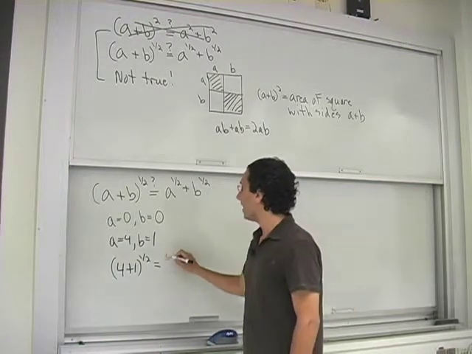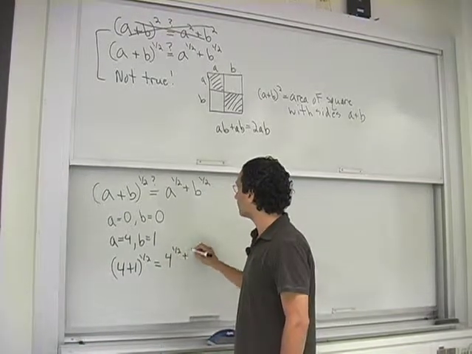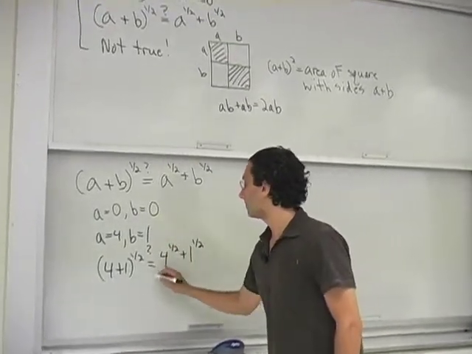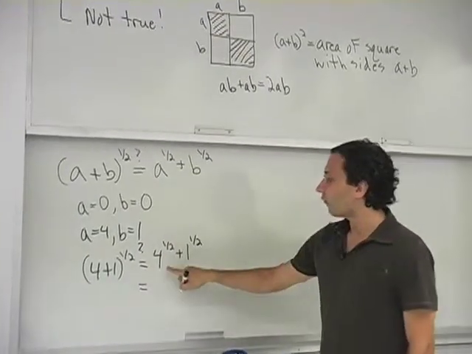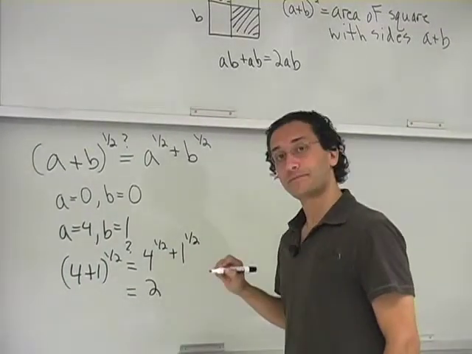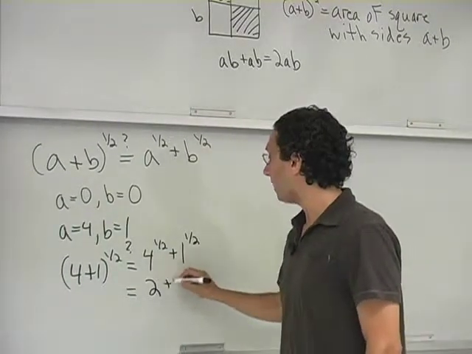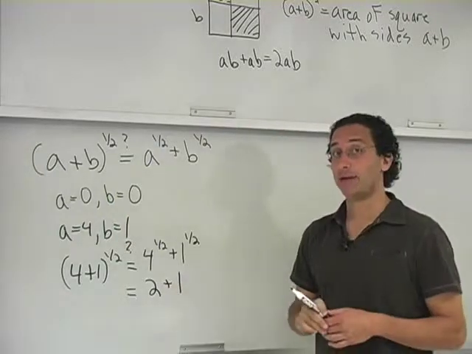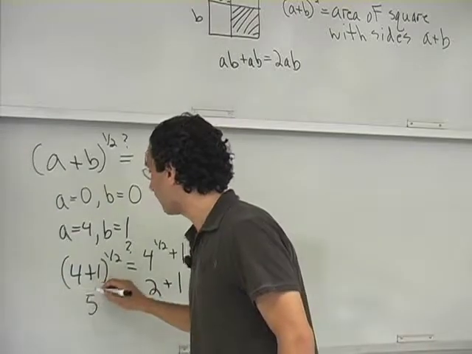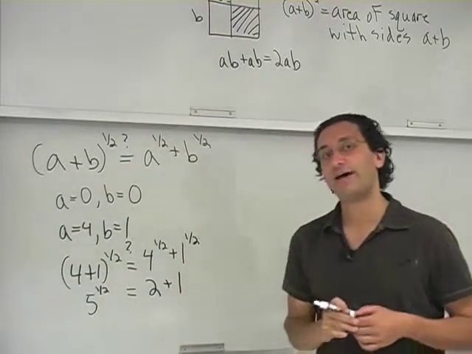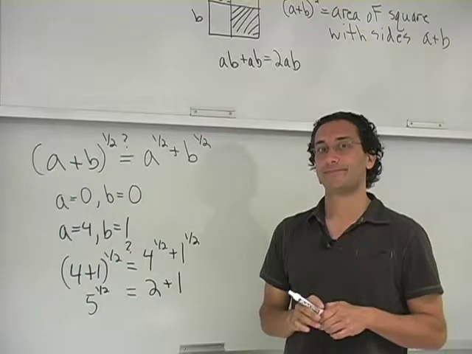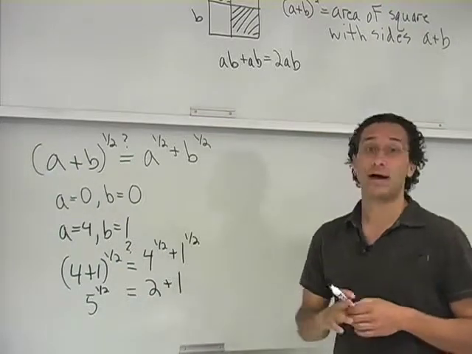The right-hand side becomes 4 to the 1/2 plus 1 to the 1/2. 4 to the 1/2 is the square root of 4, aka 2. 1 to the 1/2 is the square root of 1, aka 1. Is 3 equal to the square root of 5? Not today, it isn't. So that's why that's not true in general.